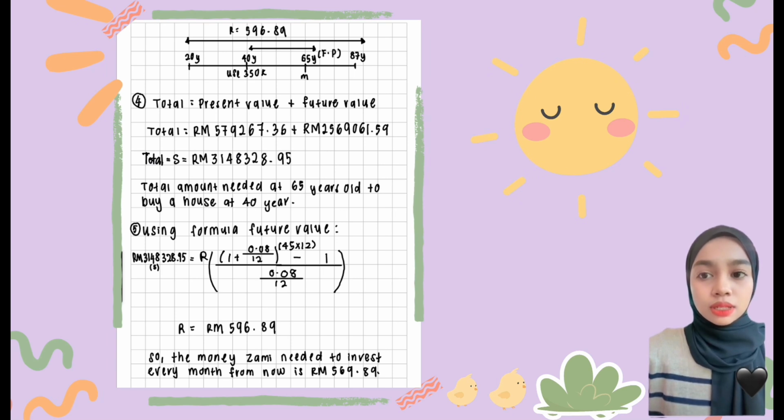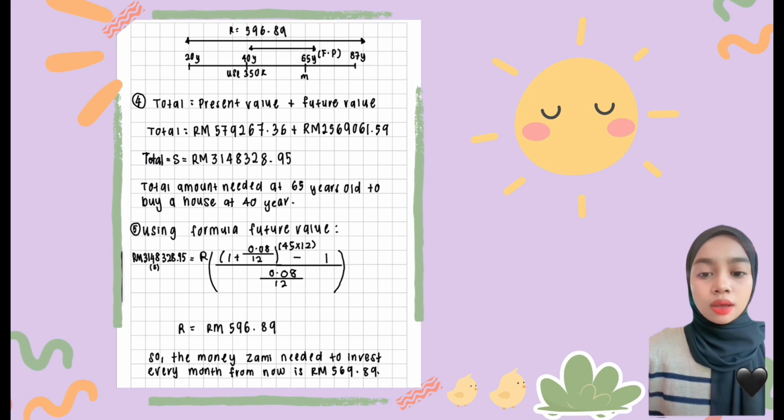Then we got the total, RM3148328.95. So this is the total needed when Zami is 65 years old to buy a house at 40 years old, and for him to withdraw a month during retirement years.